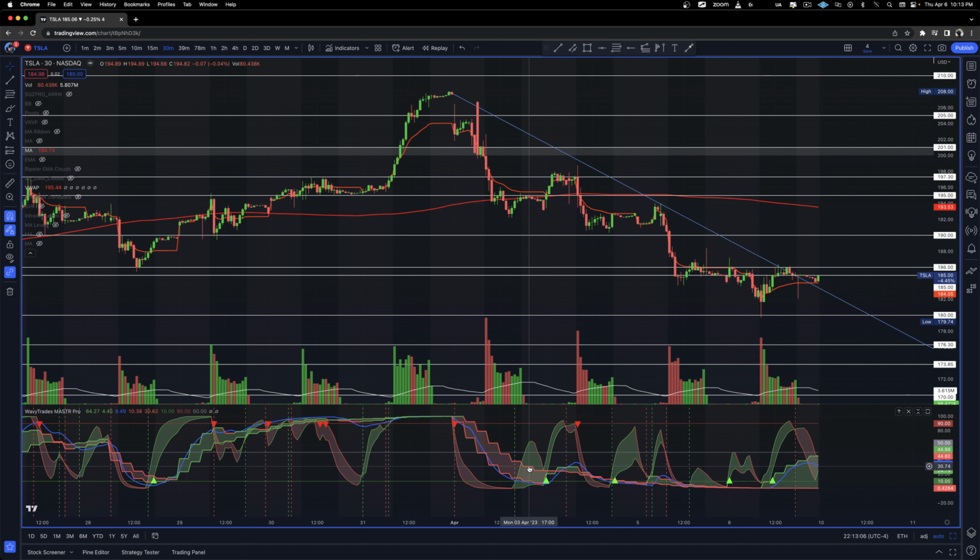And then the second component is the secondary momentum, which are these lines here. You have a fast secondary momentum, which is normally the first to cross and move, and then you have a slow secondary momentum.